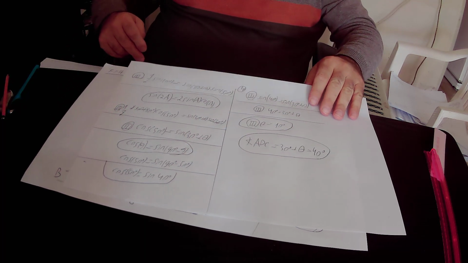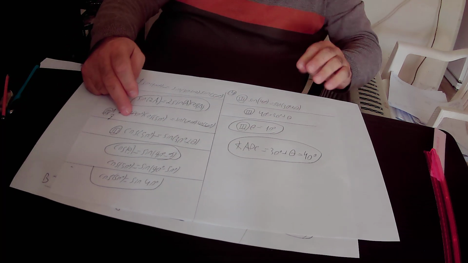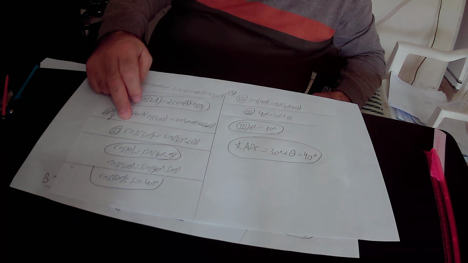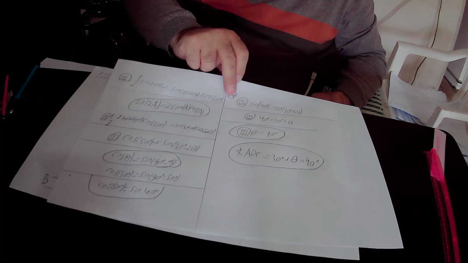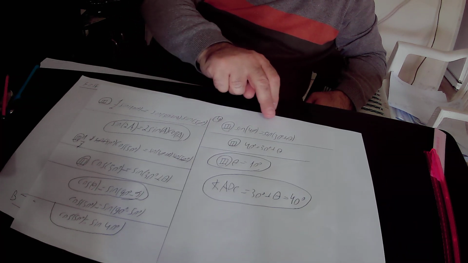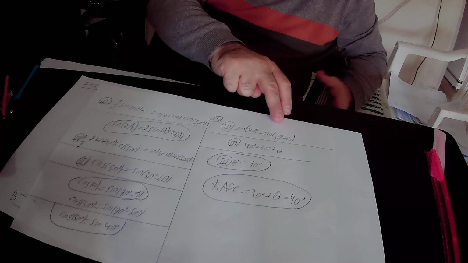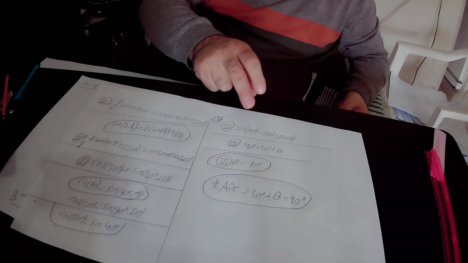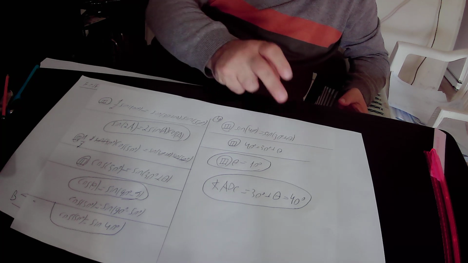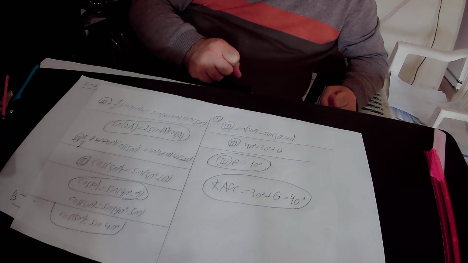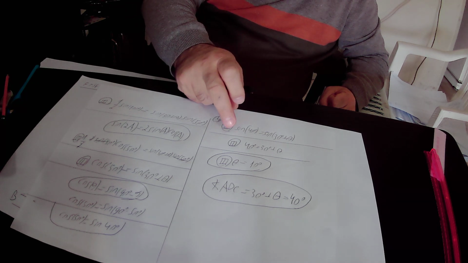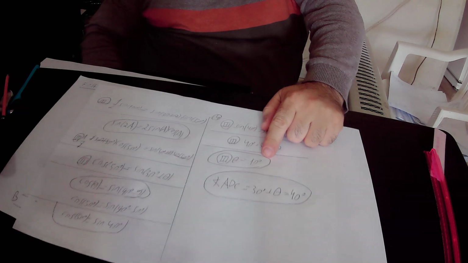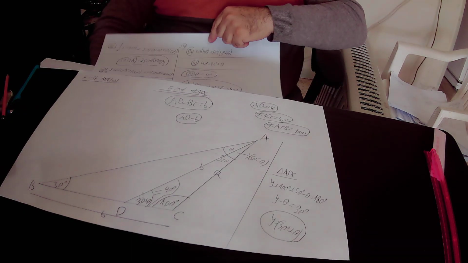We can substitute cosine 50 degrees in equation number 3 by sine 40 degrees because they are equal, and we got that sine 40 degrees equals sine (30 degrees plus theta). This means that 40 degrees equals 30 degrees plus theta. So we subtracted 30 degrees, and we found that angle theta equals 10 degrees.